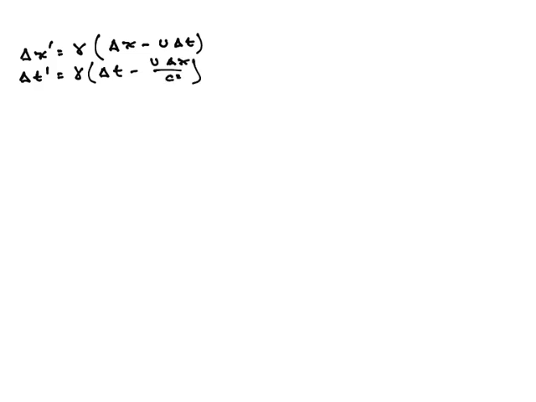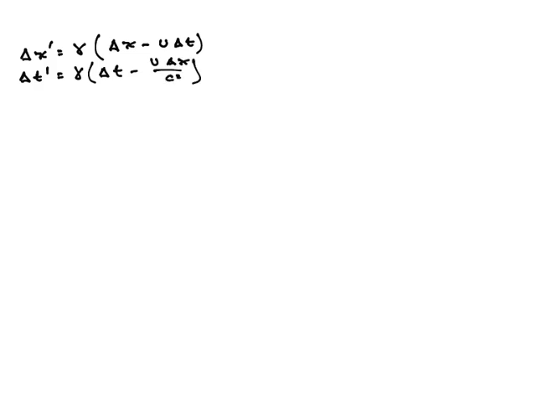So now I'm going to rewrite them just so we can look at them. Delta x prime is gamma times delta x minus u delta t. And delta t prime is gamma times delta t minus u delta x over c squared.